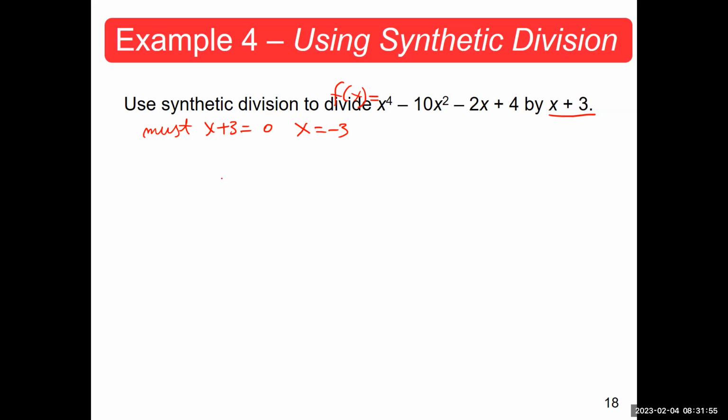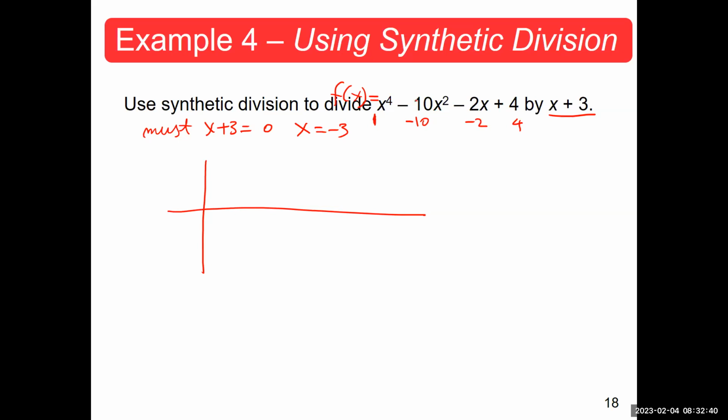Then we're going to make a table, kind of symmetric. What do you do on top here? You put the coefficients of x. You have here 1, negative 10, and negative 2, and we use the 4 too. One issue here is that I have power 4 and power 2.